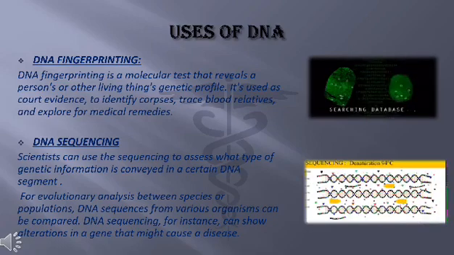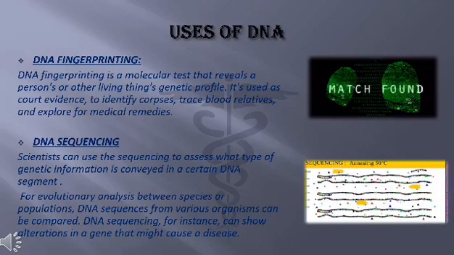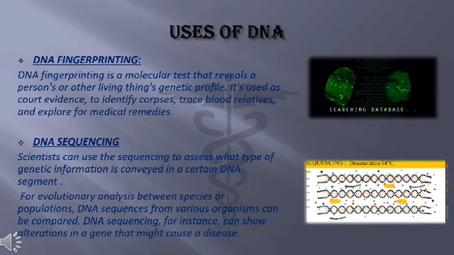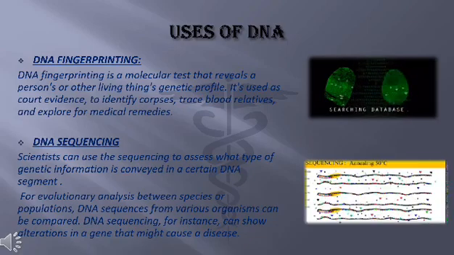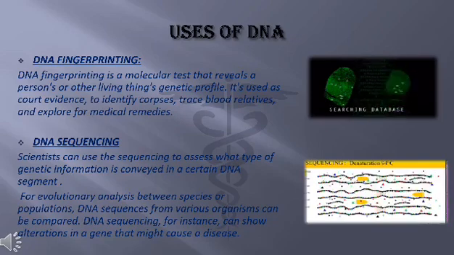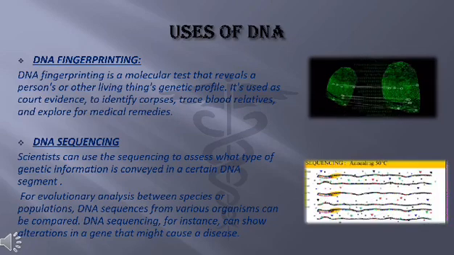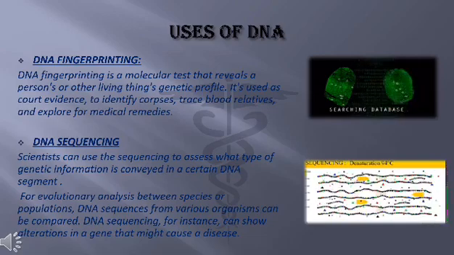Scientists can use sequencing to assess what type of genetic information is conveyed in a certain DNA segment. For evolutionary analysis between species or populations, DNA sequences from various organisms can be compared. DNA sequencing, for instance, can show alterations in a gene that might cause a disease.